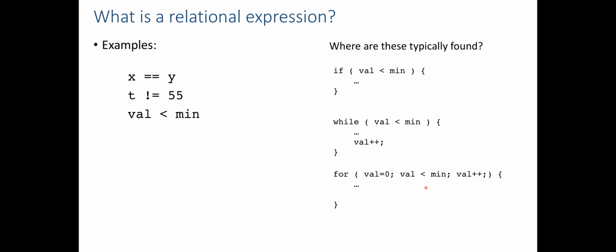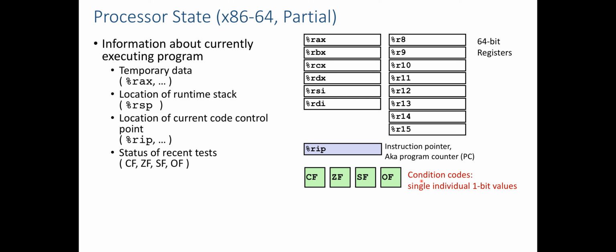So we're going to see how these work in assembly, how the compiler is able to return true or false, i.e. 1 or 0, for these kinds of expressions. So let's remind ourselves again of some of the state that we can have in the processor.